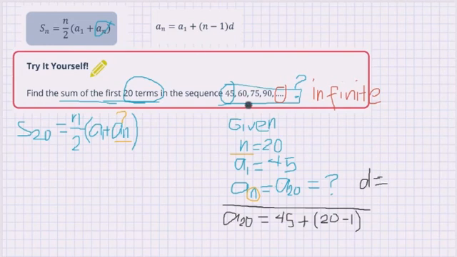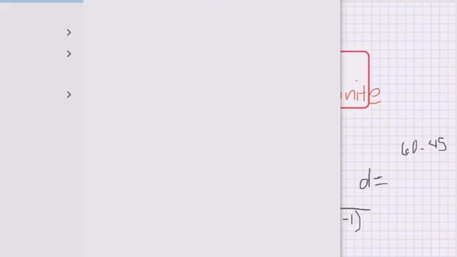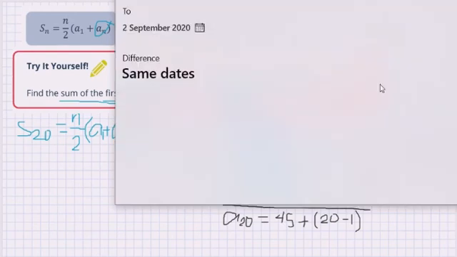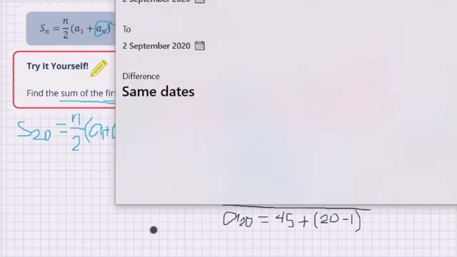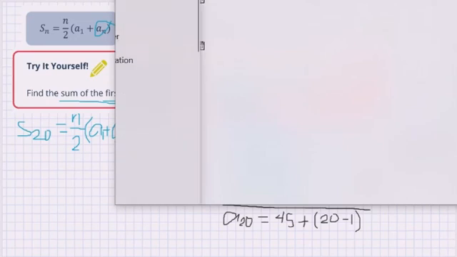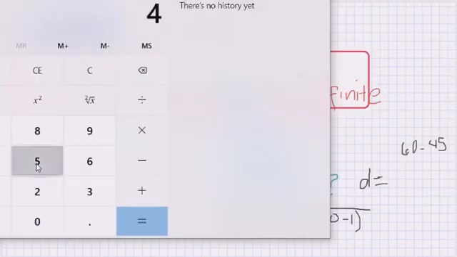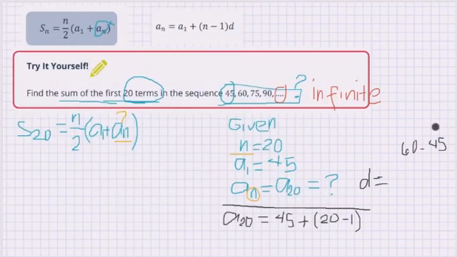Again, we recall from the previous video that in getting d, we need to subtract the first term from the second term. We need to get the common difference. Let me use the digital calculator to make sure. 60 minus 45 is 15, so our common difference is 15.